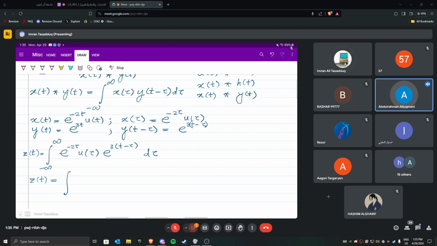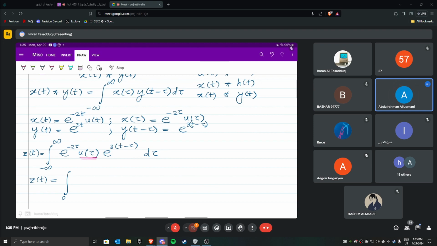Because of this unit step, the lower limit will be zero. Because if tau is less than zero, then this u of tau will be zero. So that's why it is supposed to start from zero. Now what should be the upper limit?